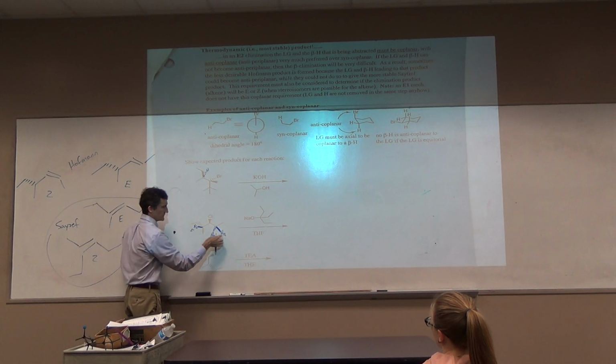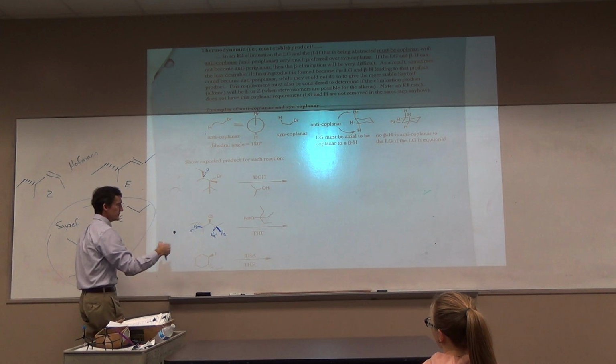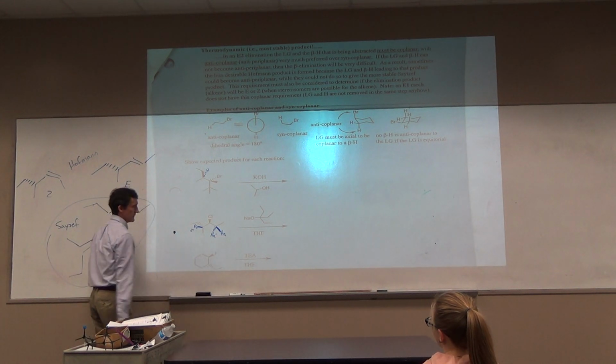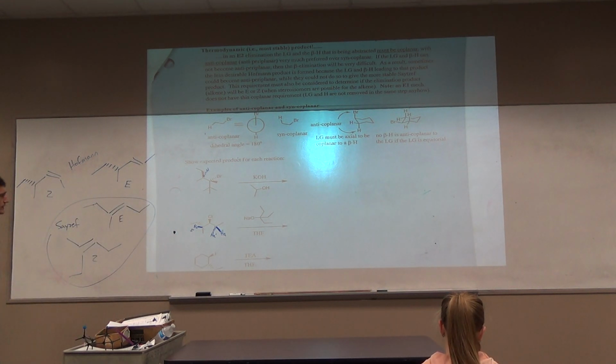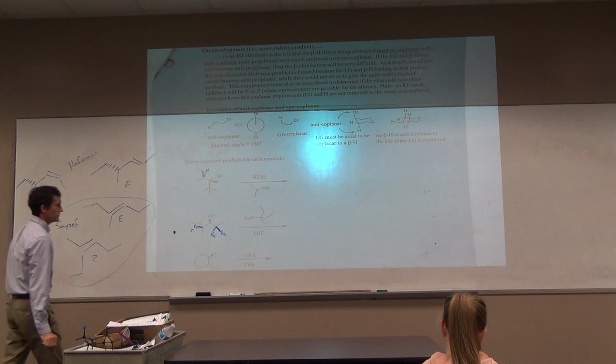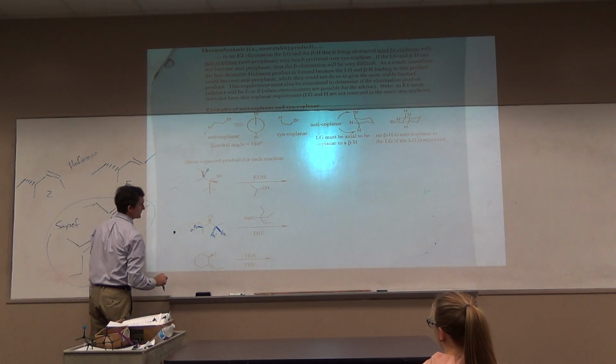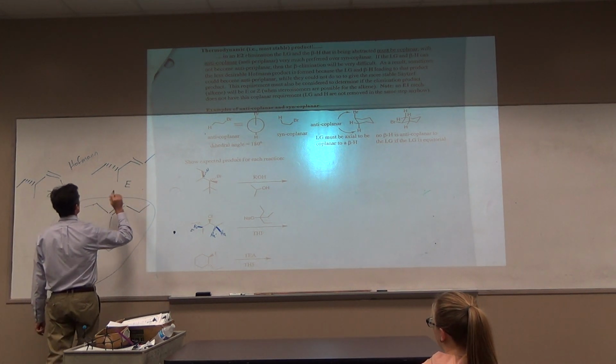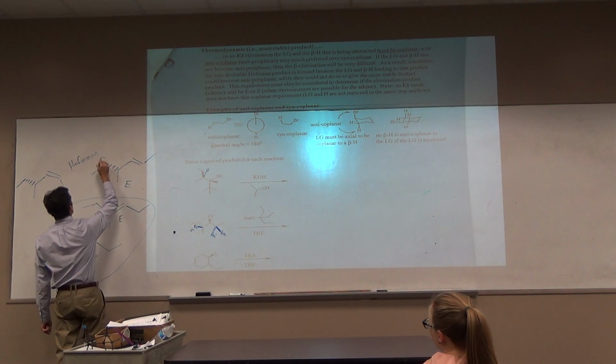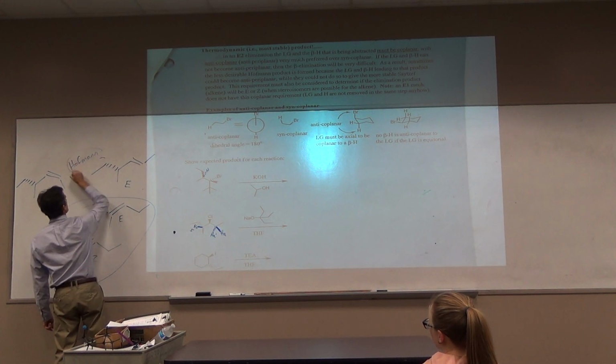Here we've got 2 H's. Either one can be removed. You're going to have 2 Newman projections that work. Since you have a choice, you're going to get the best product. The best product would be which one? It would be this here. This is your Hofmann product.